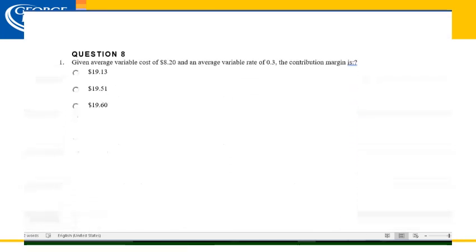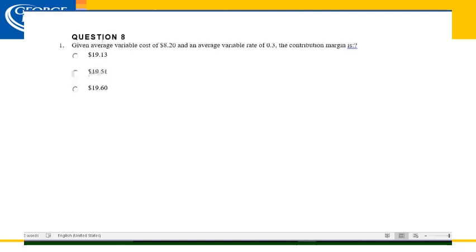Okay. Question number 8. Given the average variable cost of $8.20, again, I must imagine that this is per unit, and the variable rate of 0.3, we want to solve for our contribution margin. Okay. So if we recall our contribution margin formula, it is equal to our sales minus our variable costs.